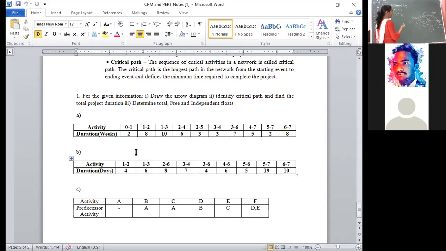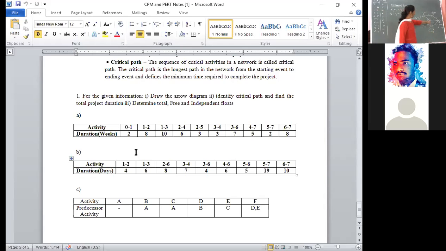In backward pass, subtraction will come. In some textbooks, T76 is also given. That is up to you. Whatever way you want to write, you can write it. Now L7 is 27. 27 minus 8 is 19. Write down that value, 19.